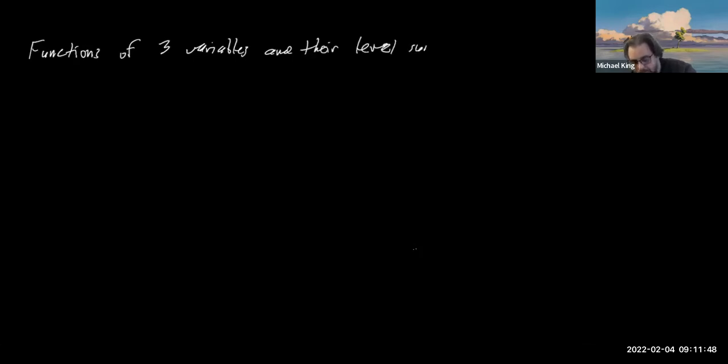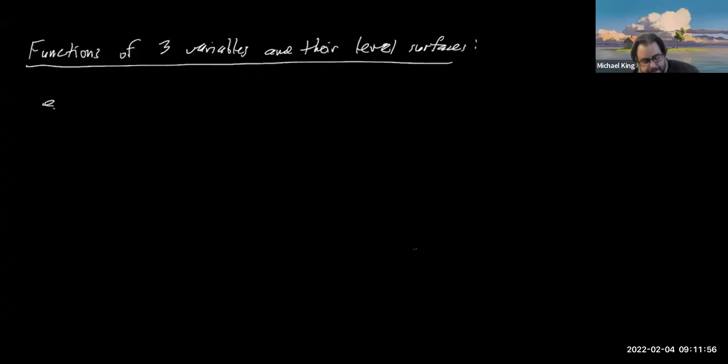So again, this is functions of 3 variables and their level surfaces. The example I'm looking at right now is x squared plus y squared minus z squared.